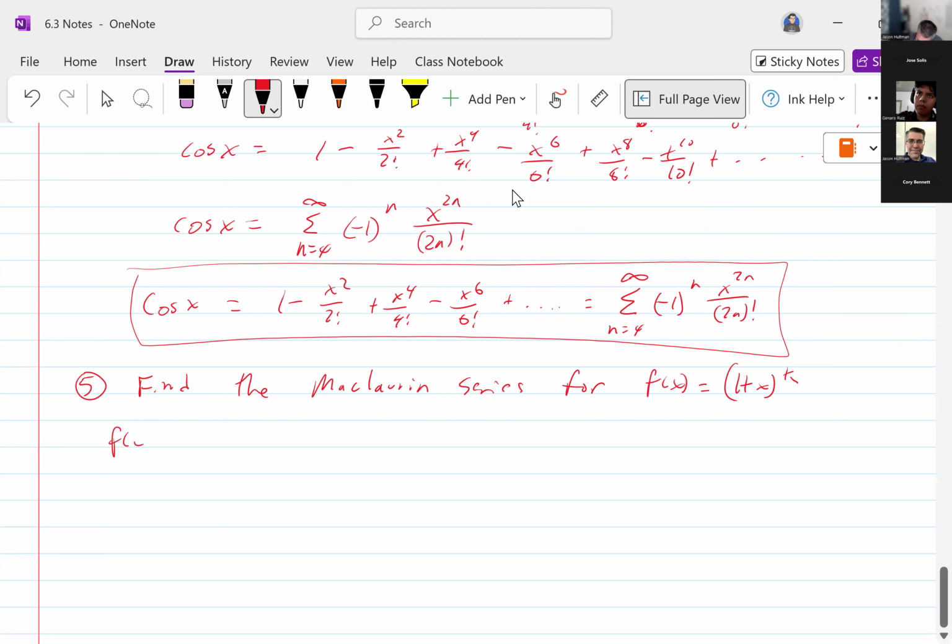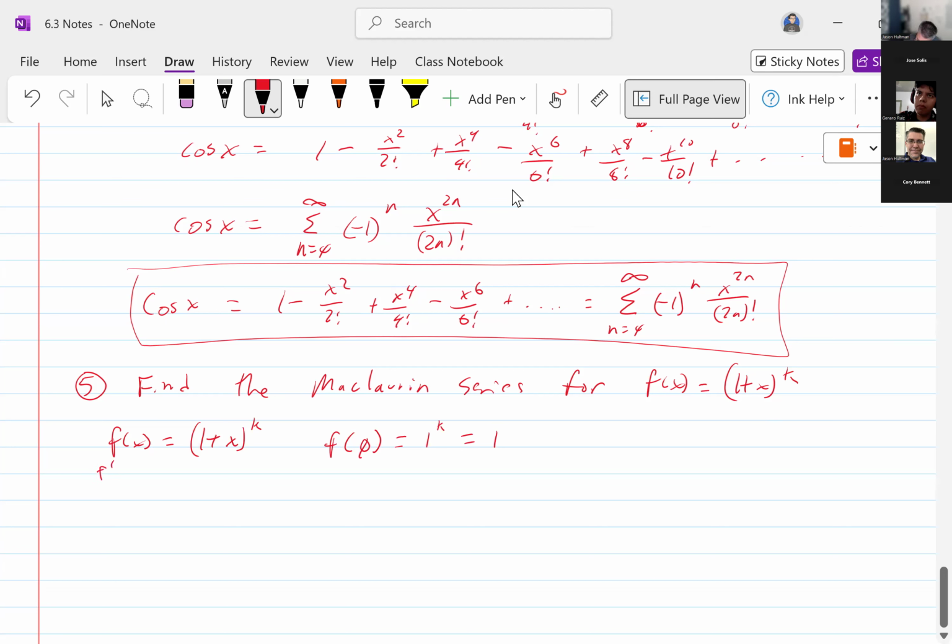So we have f of x equals (1 plus x) to the kth power. What would f of 0 be? That would just be (1 plus 0) to the kth power, which is 1 to the kth power, which is 1. Interesting.